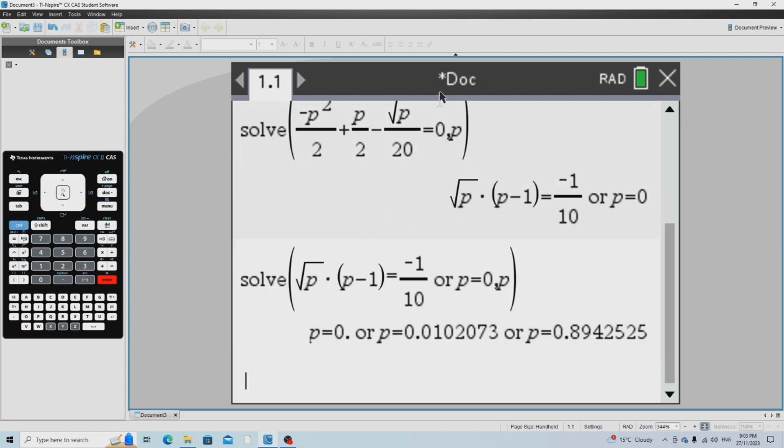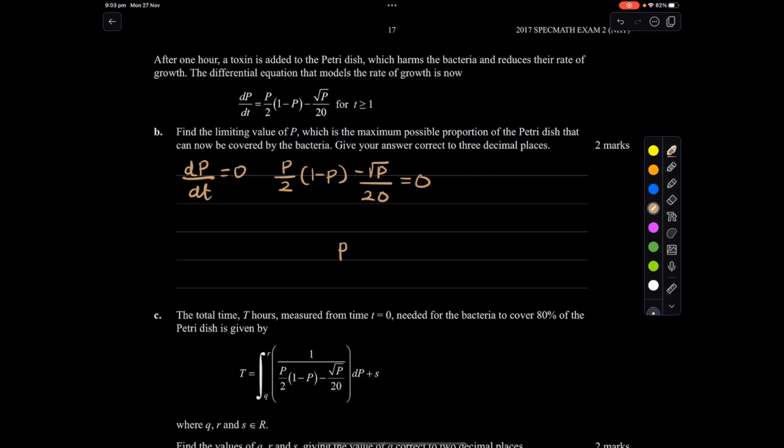Control Enter. So we get p equals 0 and some other values. Now, p equals 0 is impossible because remember p is only between 0 and 1. So that's rubbish. This here is the smallest value, so this is most likely the minimum, but we want the maximum possible. So this is your maximum possible. Let's write that down to 3 decimal places. So p is 0.894. That's it.